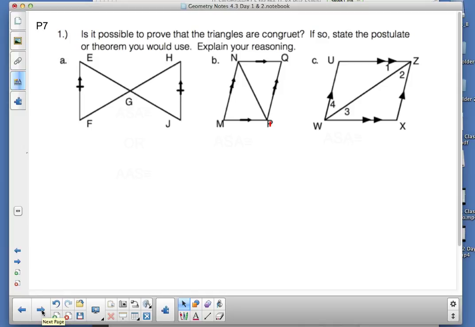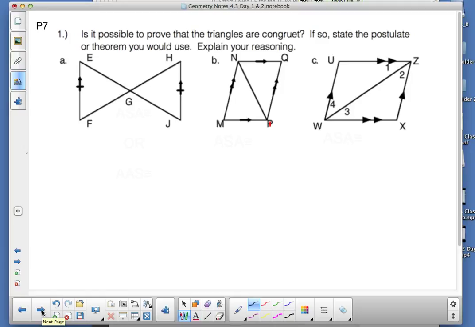Now, as we're looking at this problem 1, you've got to keep in mind, I have arrowheads on EF and HJ. That means they're parallel. I also have tick marks. That means they're congruent. So I have parallel and congruent because of the separate markings.